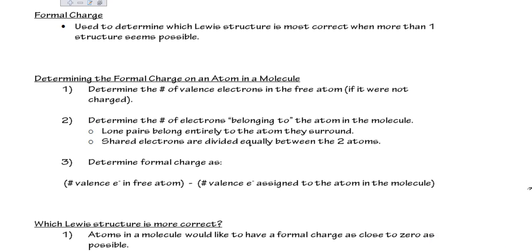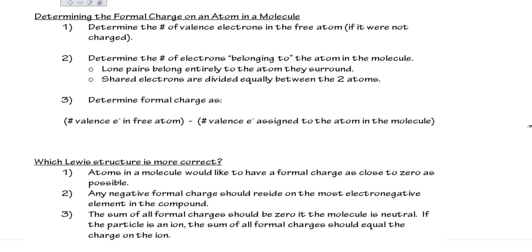And then here's our rule for figuring out which is most stable. Number one, atoms in a molecule would like to have a formal charge as close to 0 as possible. When we say they would like to have formal charges of 0, it means they're more stable that way. If you've assigned in your structure the amount of valence electrons you'd normally find in that particular atom, that's stable.